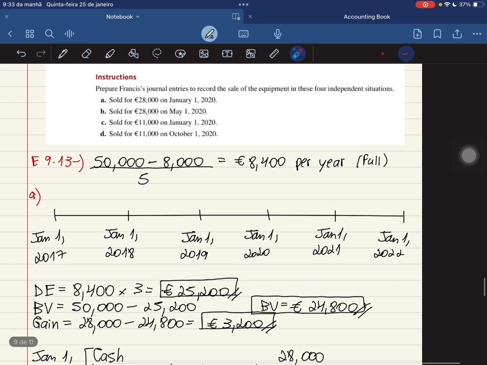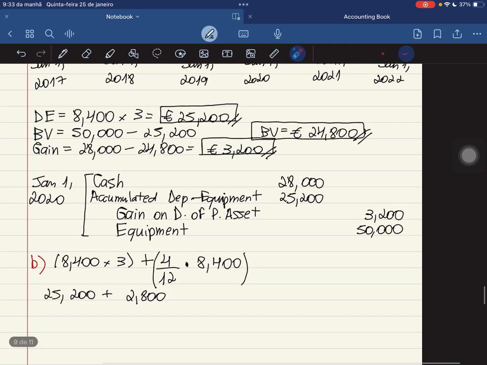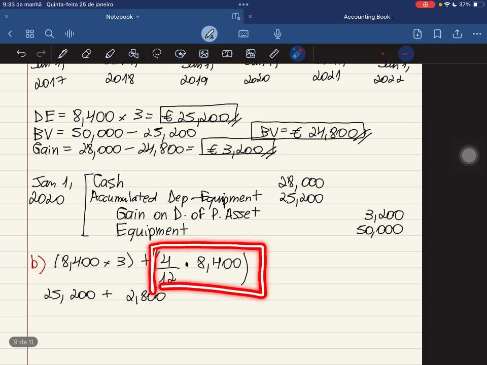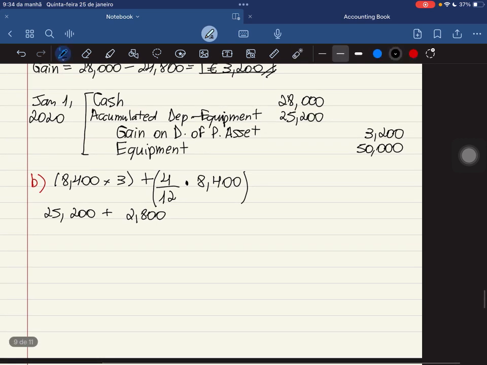But over here, remember that I said that we have to update depreciation? This depreciation we have to update from the beginning of 2020 until May 1st of 2020. This portion represents this part of the year, right? Because it represents only the 4 months. So this is the value that we would use when we are updating the depreciation in the first entry, okay? Let's just keep that in mind for now.